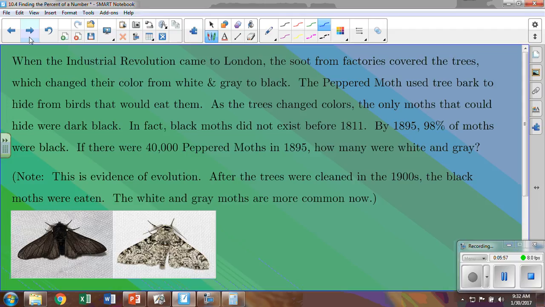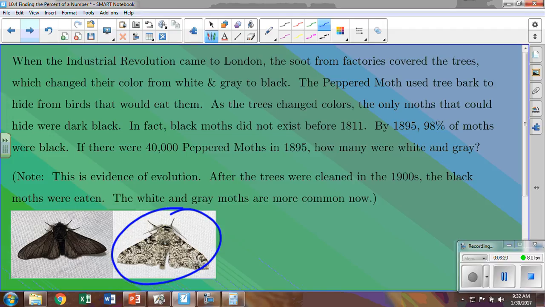The peppered moth used the tree bark to try to hide from birds. Originally, the peppered moth looked like this. And so when it sat on the speckled bark of a white and gray tree, it was harder for birds to see it. And of course, that made it harder for the birds to eat them.